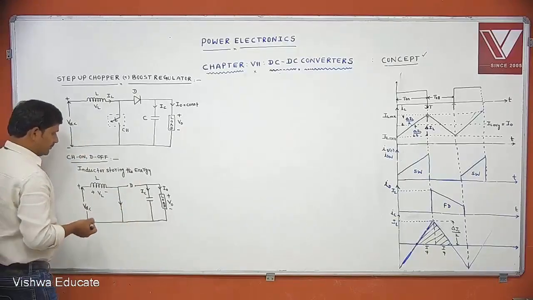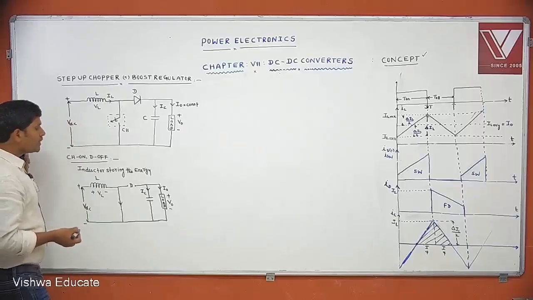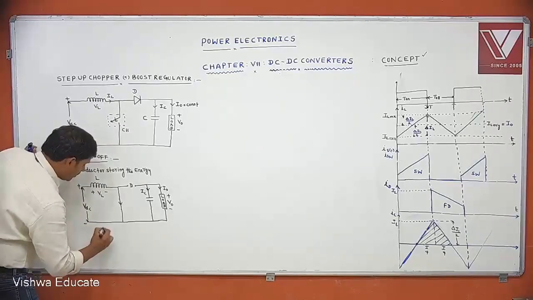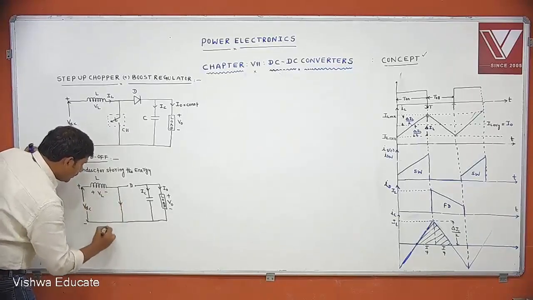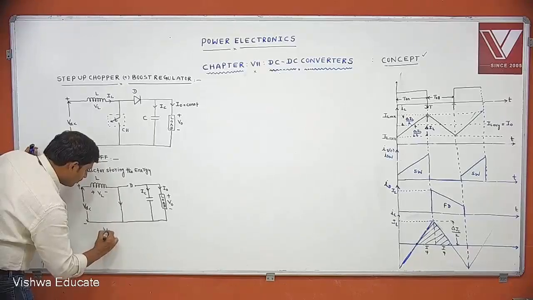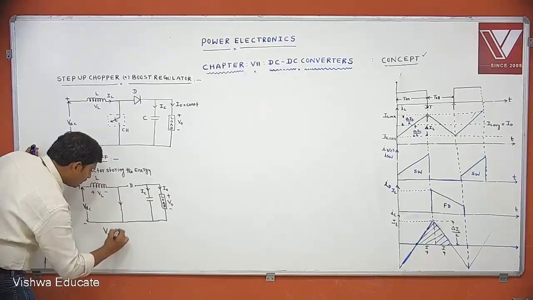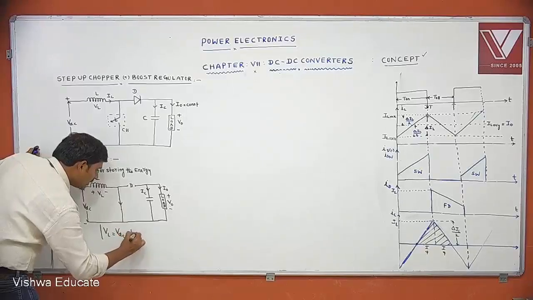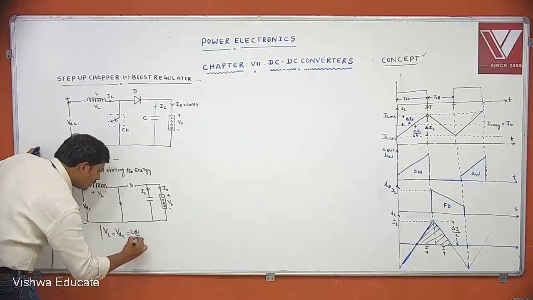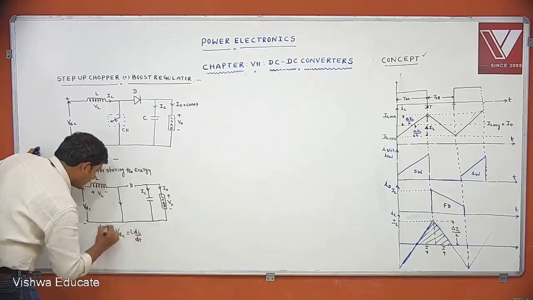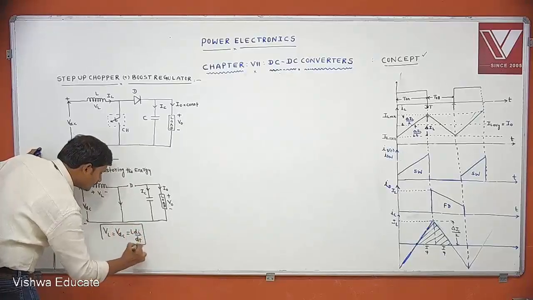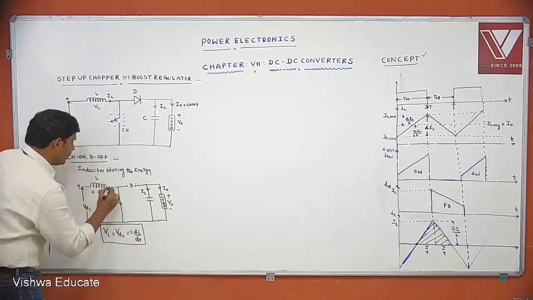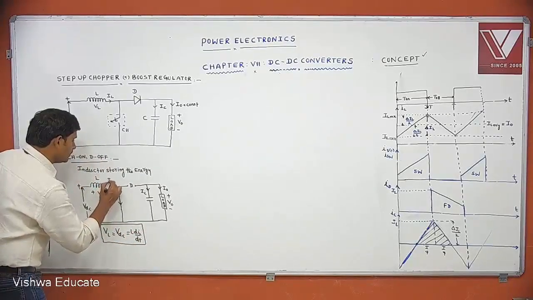From this, what is the observation? You tell me, what is KVL for this? VL equal to VDC. VL is nothing but L into di by dt, that is L dIL by dt. This is the IL current.